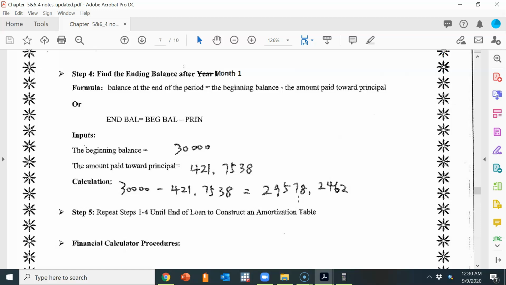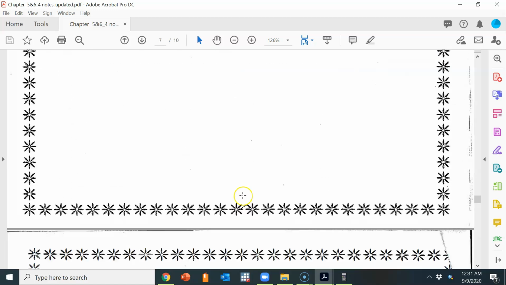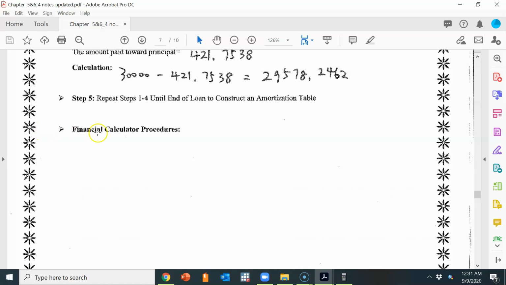And we use the beginning balance in the second month minus the principal payment in the second month to get the ending balance in the second month, which is the beginning balance of the third month. We repeat the process, I guess we have to do it 60 times. So the amortization table would be a huge table for 60 months. An easier way is to use a financial calculator.